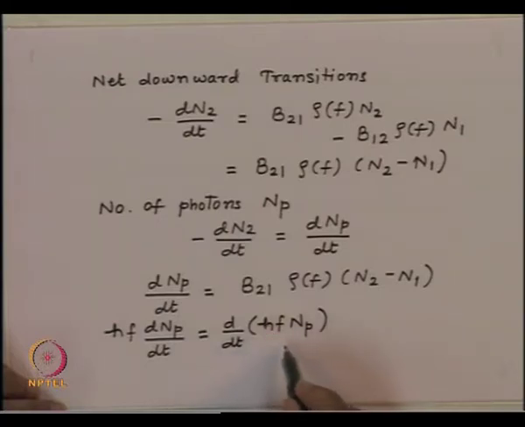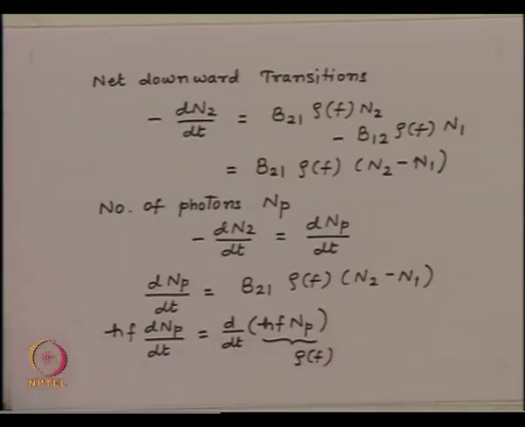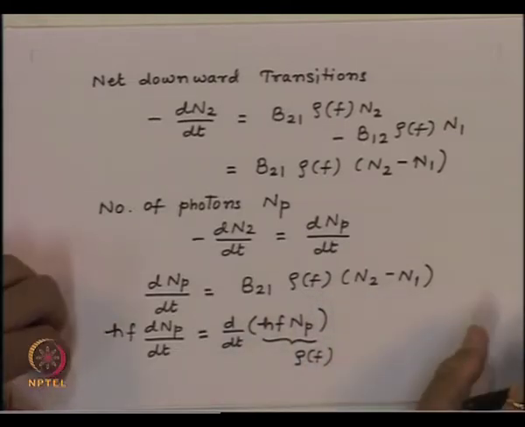But this quantity is nothing but the photon flux density, which is this quantity rho of f. So, now we got a very nice relationship that the rate of change of this photon flux from the system will be equal to B21 rho of f into N2 minus N1.